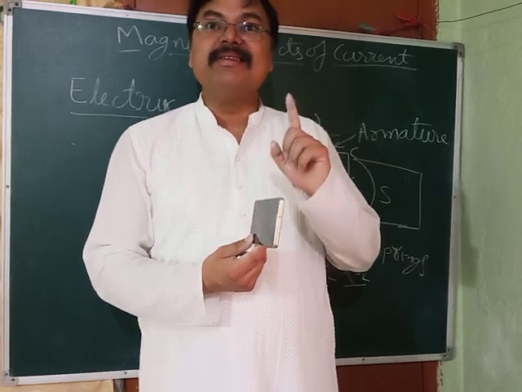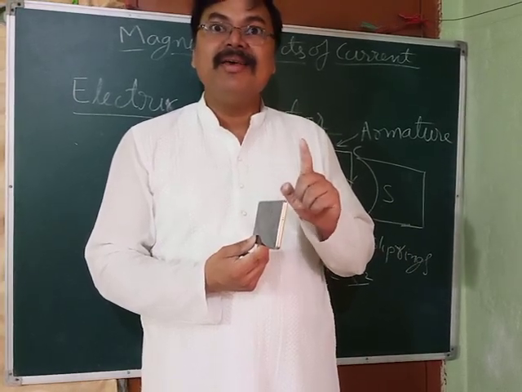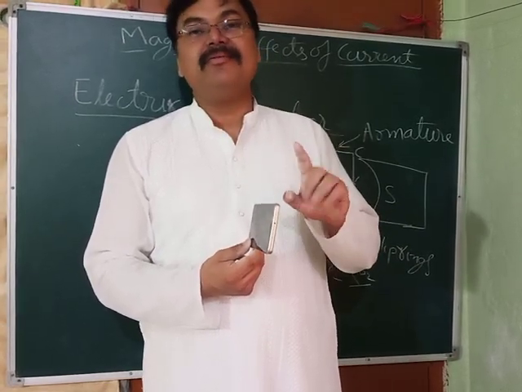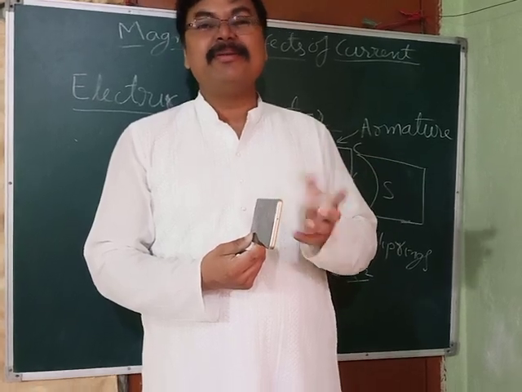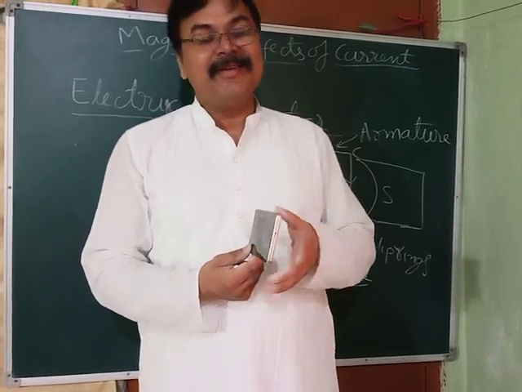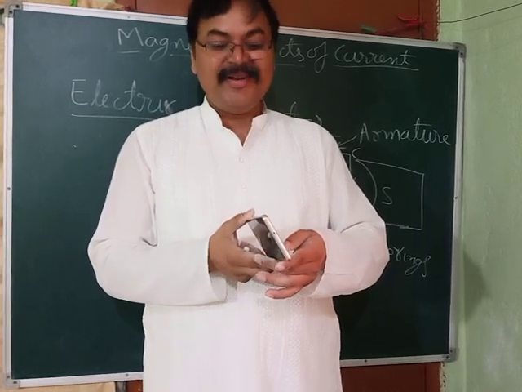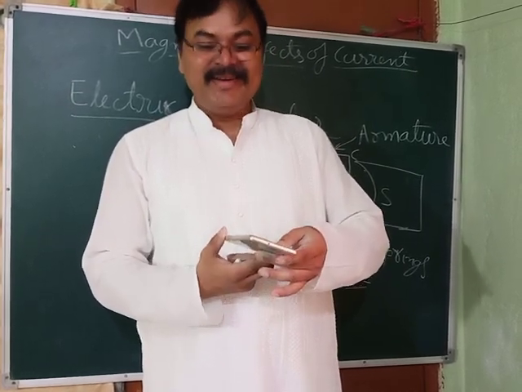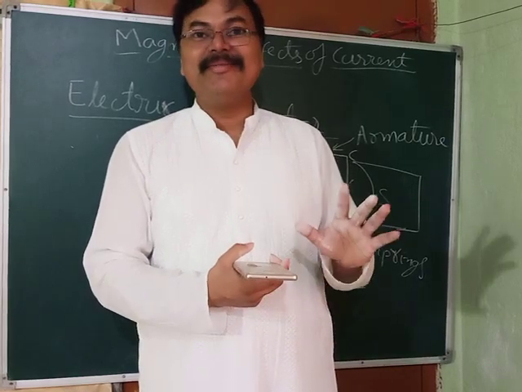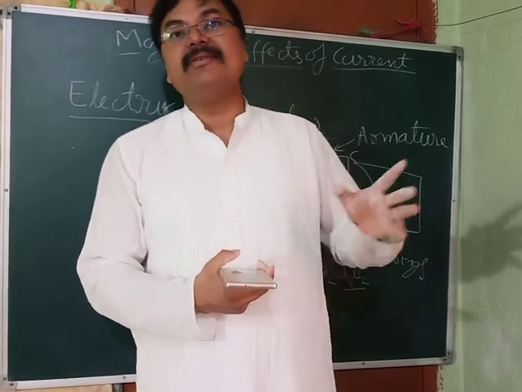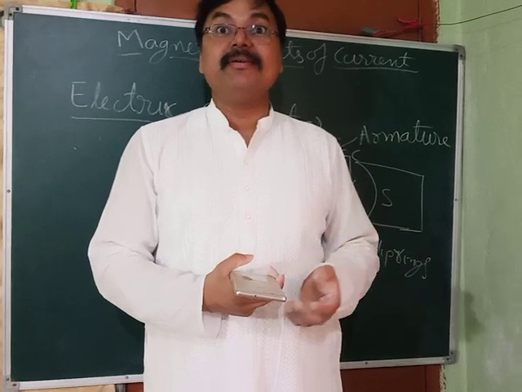That means flux is increasing gradually. And we know that when flux is changing, increasing or decreasing, current is induced. Clear? Again, if you rotate further, flux is decreasing, decreasing, now zero. So in this way, flux keeps on changing. It increases and decreases.